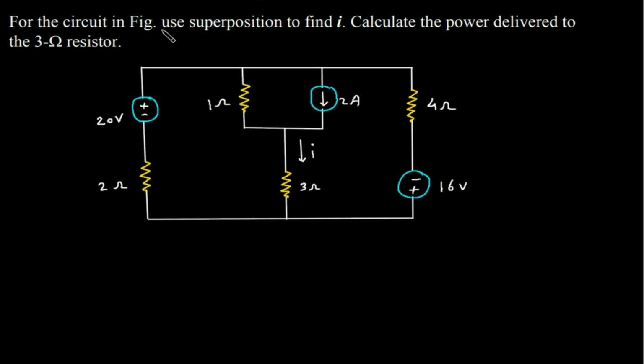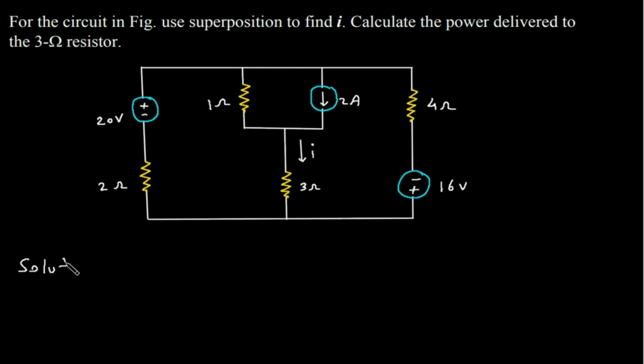For the circuit in figure, use superposition to find I. Calculate the power delivered to the 3 ohm resistor. We have to find this I and power delivered to this 3 ohm resistor using superposition theorem. There are 3 independent sources in this circuit.